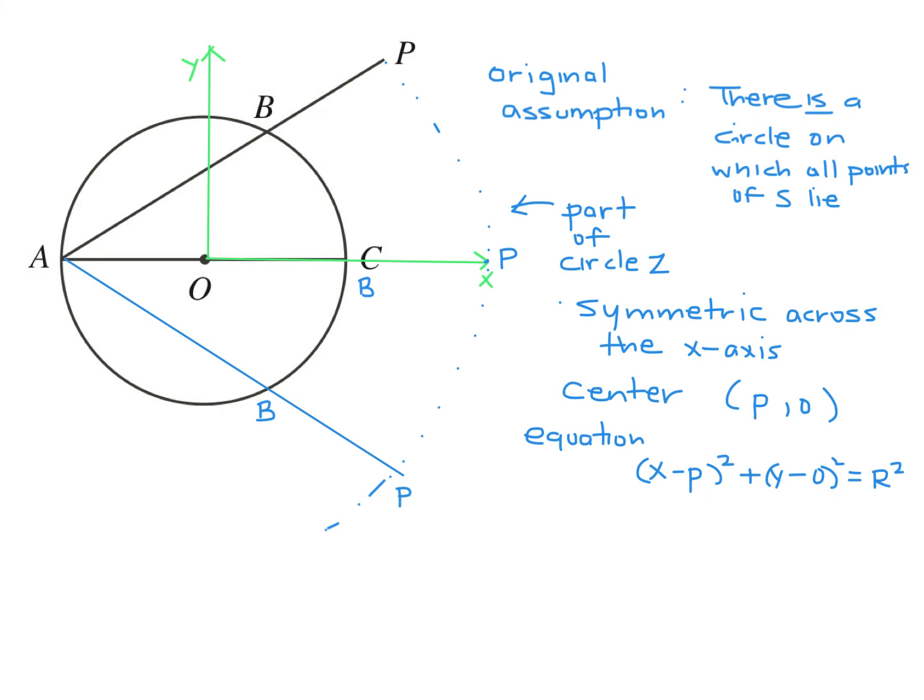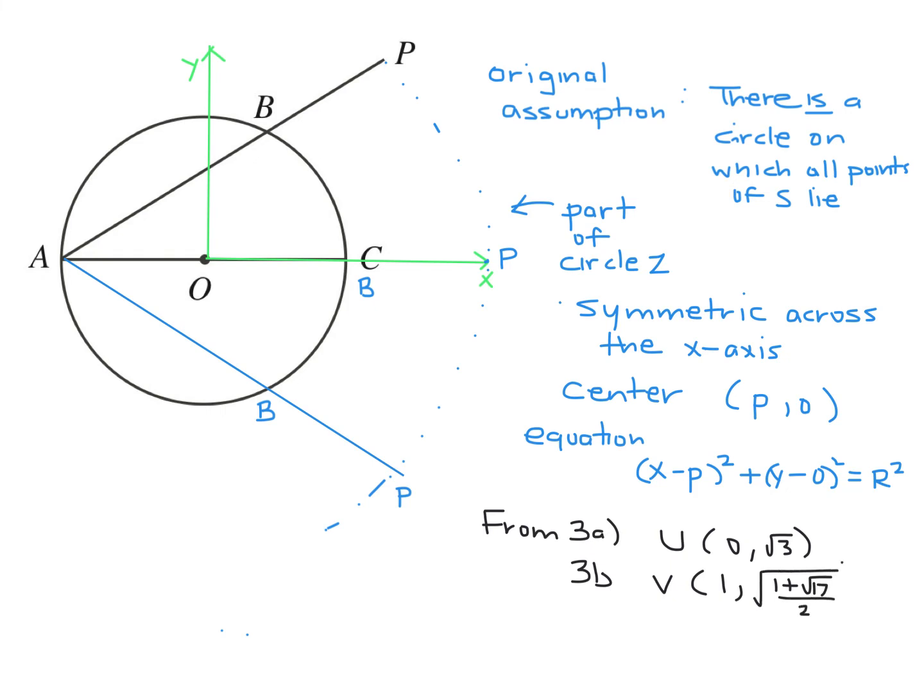Now, if you look back to part A of this question, from 3A, we had concluded that U was one of the points, and we had also found the coordinates of U. It was 0, root 3. And we had also found from 3B that V is a point on this S, and the coordinates we had found were 1, and then the square root of 1 plus root 17 over 2.